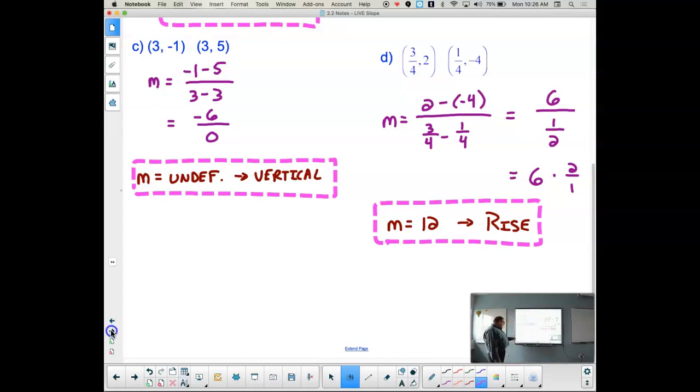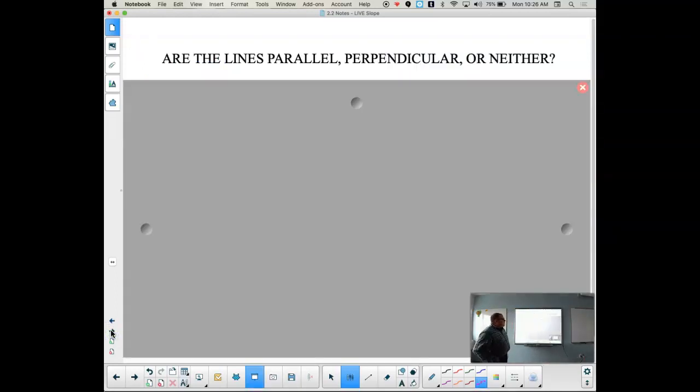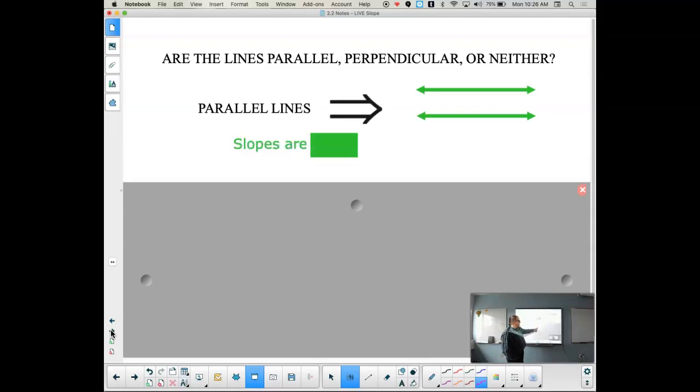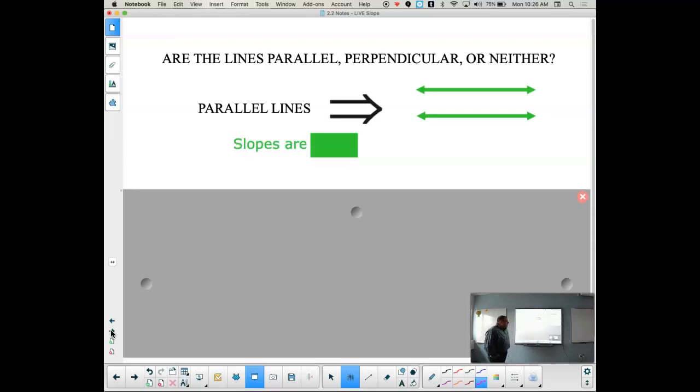Next, we have to talk a little bit about parallel, perpendicular, or neither. The first one that we have to talk about is parallel. Parallel lines are lines that never intersect.